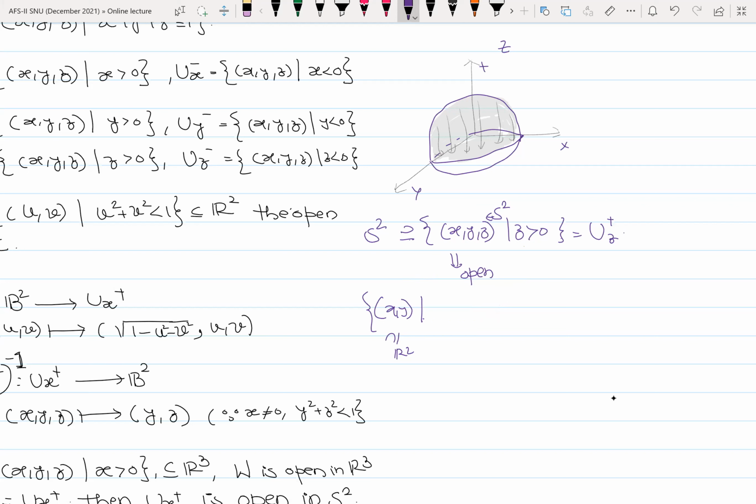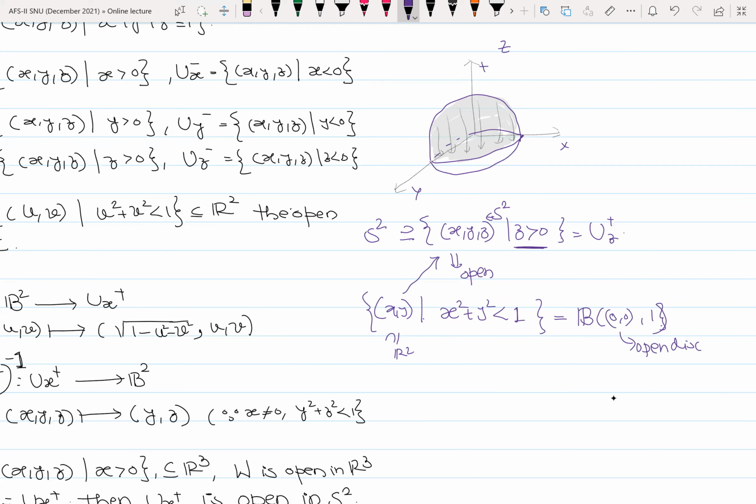Less means strictly less than, because z is positive. So x square plus y square will be strictly less than 1. So what is this? This is an open disk, and this is our open disk inside R2.